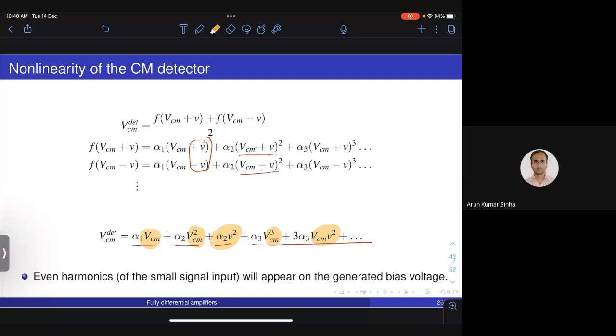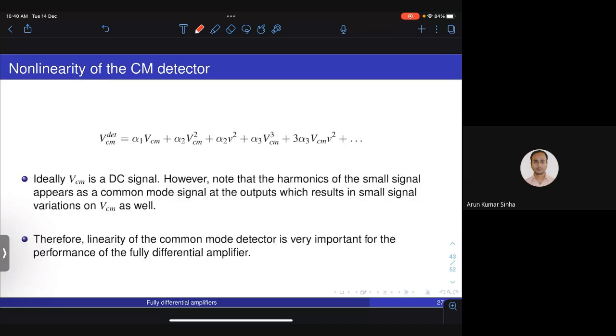So all these things will now appear as this messy signal with all kinds of components at the bias of the current mirror, and that will then modulate the current, which will change the output voltage according to this kind of nonlinear expression.